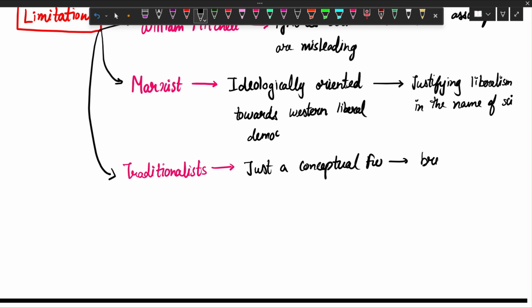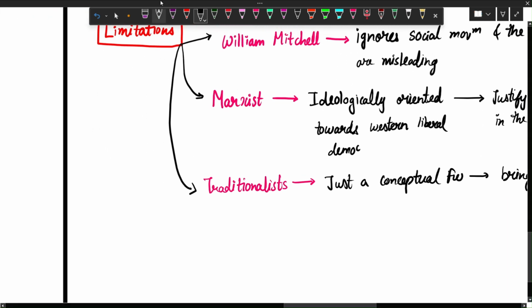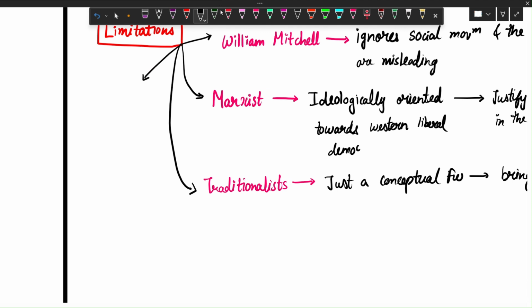The next criticism is by traditionalists. They criticized this approach for being just a conceptual framework, and bringing complex or complicated assumptions into the framework.